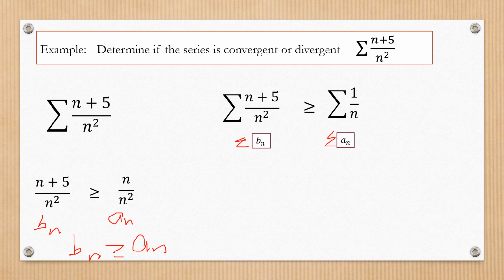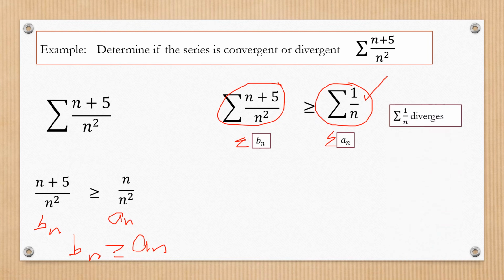Then, given these two series, it is easier to identify this series as convergent or divergent. Based on our previous videos, we have identified and shown that the series 1 over n is a divergent series.